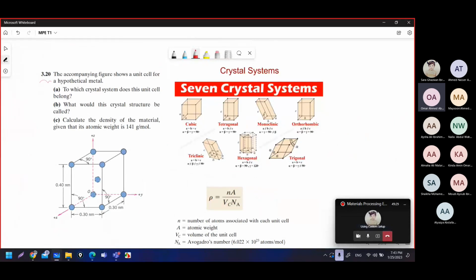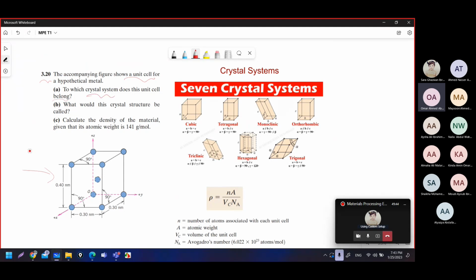Question 3.20. He said that the following figure shows a unit cell for a hypothetical metal. To which crystal system does this unit cell belong?